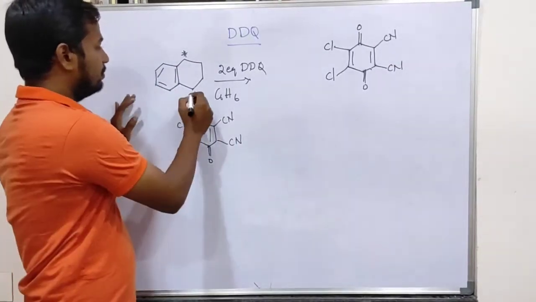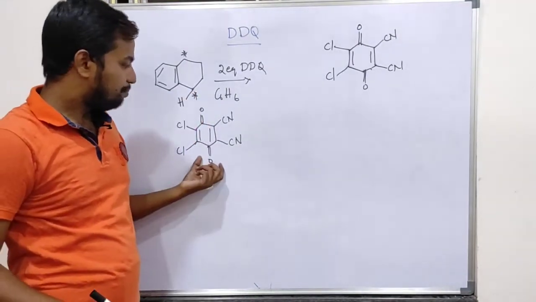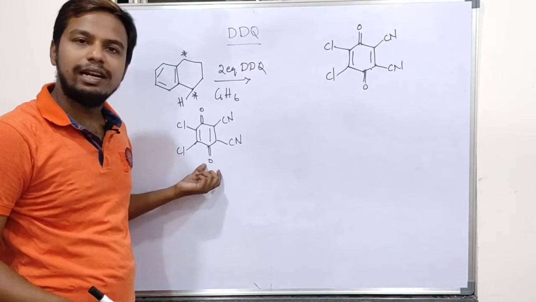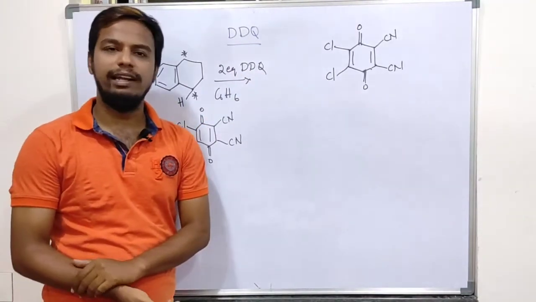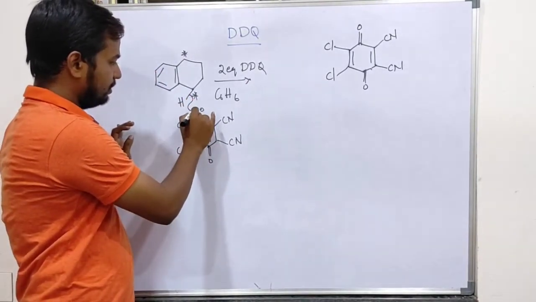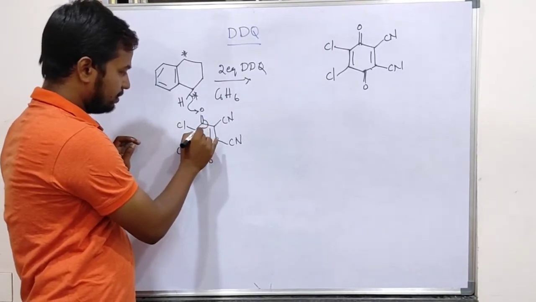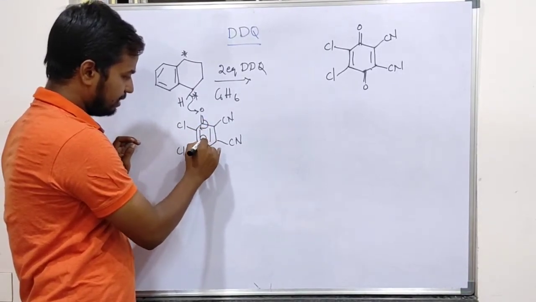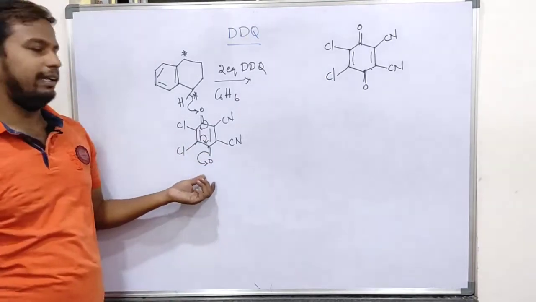DDQ readily abstracts a hydride ion from allylic as well as benzylic positions. See how it is abstracting. It will abstract like that, and these pi electrons move here, these pi electrons move here, and these pi electrons move like this.